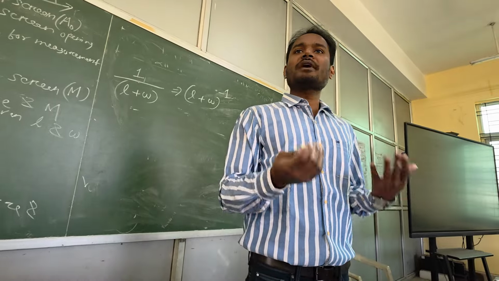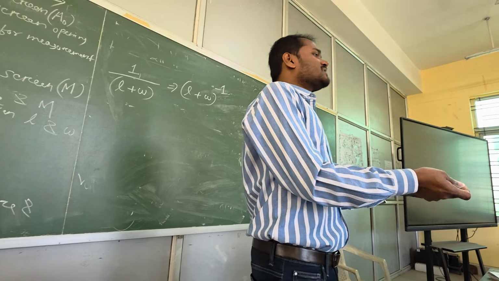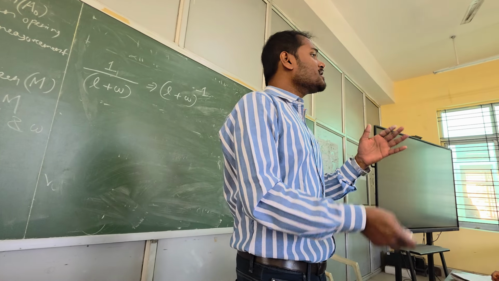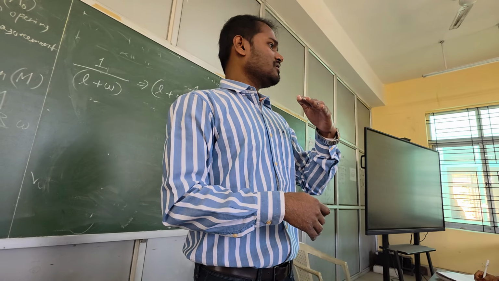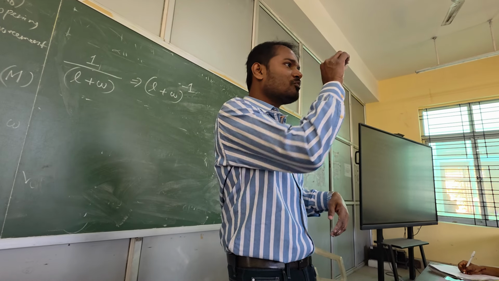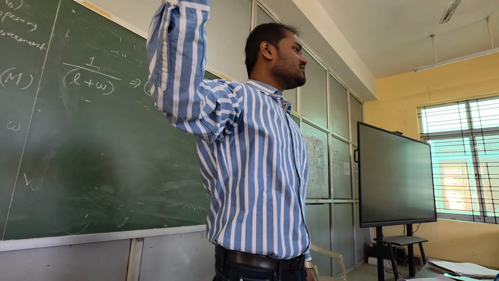That is nothing but your mesh, or some people call it mesh number. You should not move like this or like this. You should move in a particular straight line.